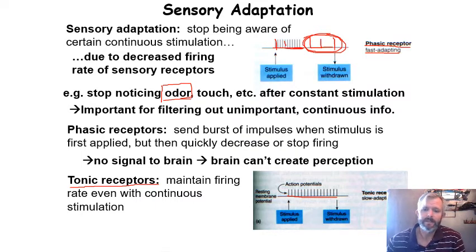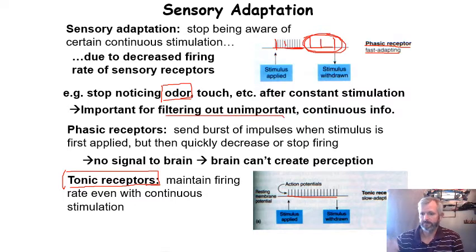So pain receptors are tonic, not fast adapting. Phasic receptors are those that are fast adapting and let you filter out unimportant stuff so you can do things like study, listen to your professor on the computer, expounding his knowledge. So phasic receptors are fast adapting, and tonic receptors are not adapting.